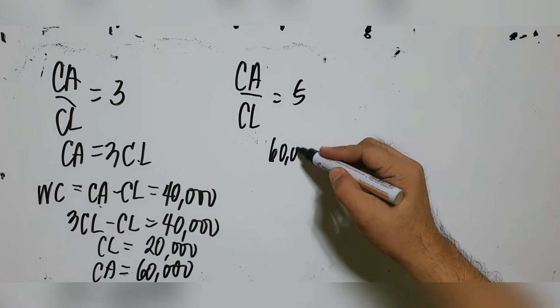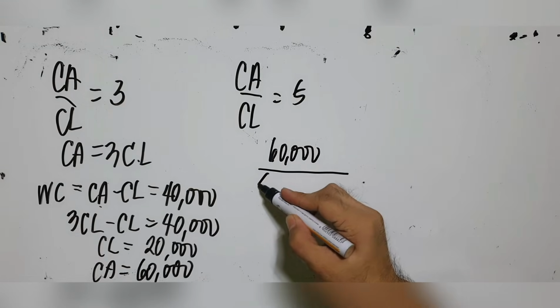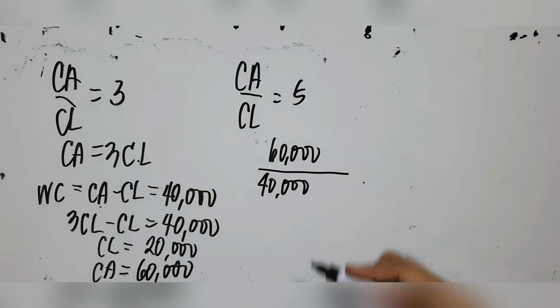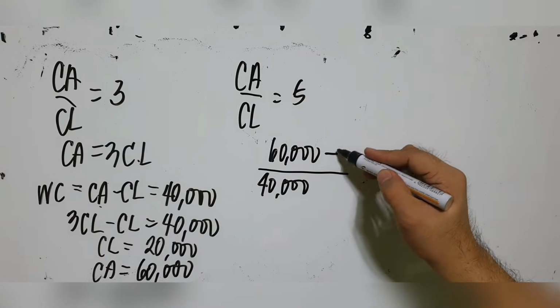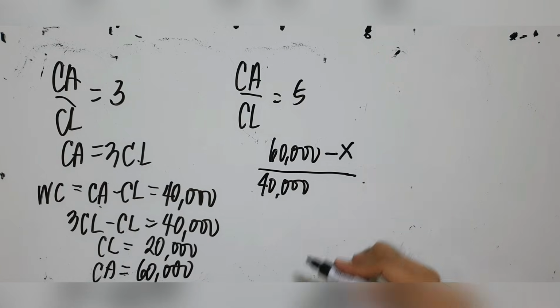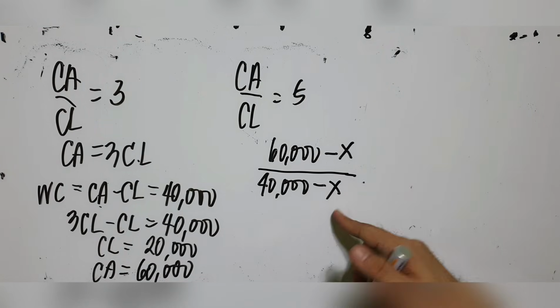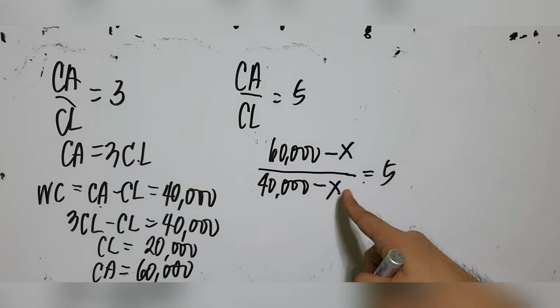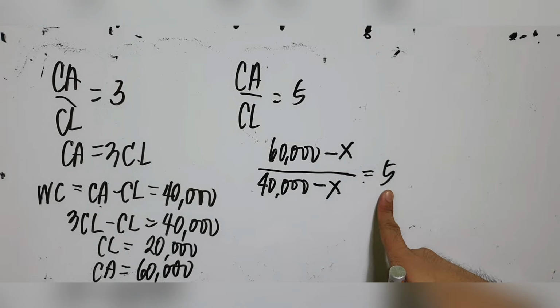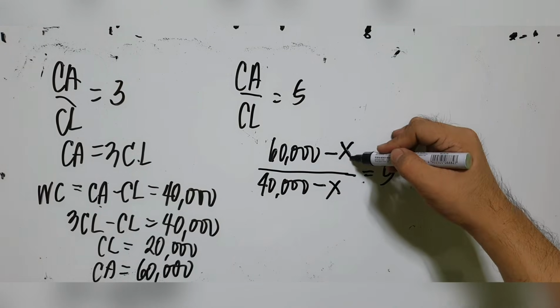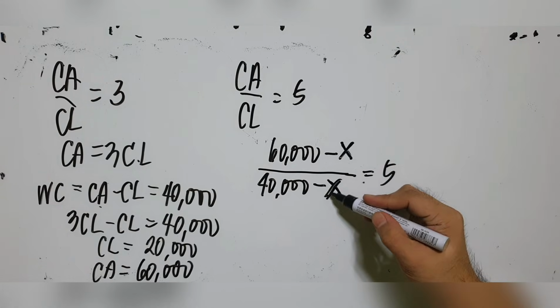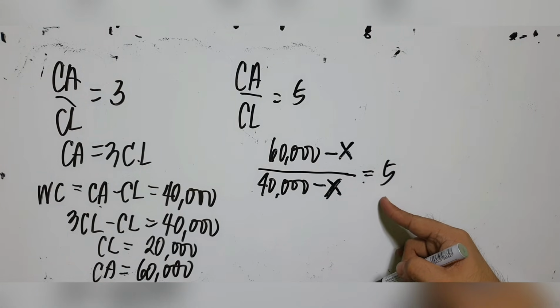So 60,000 na CA over 20,000 na CL. Magbabayad tayo ng ating payable na hindi pa natin alam kung how much. That is the question. And after payment, it should be equal to 5. So, ano tong payment natin na to that will give us 5 na current ratio?